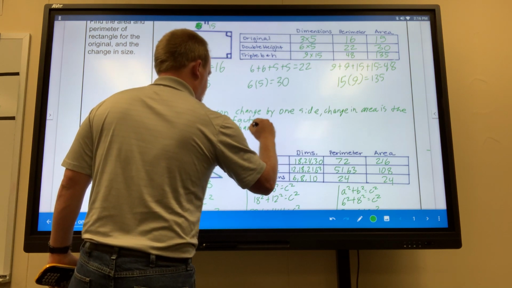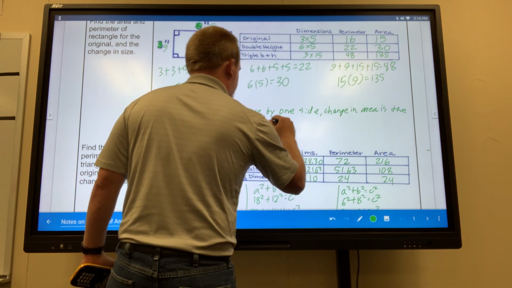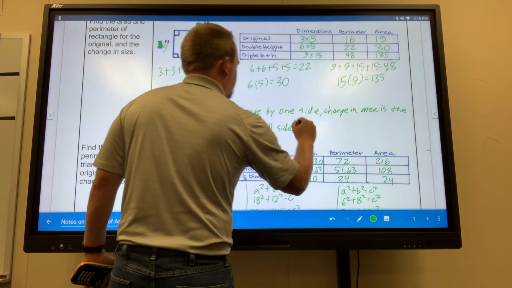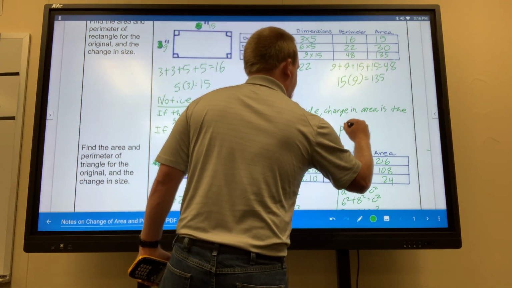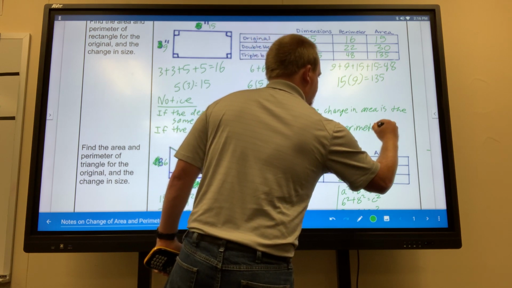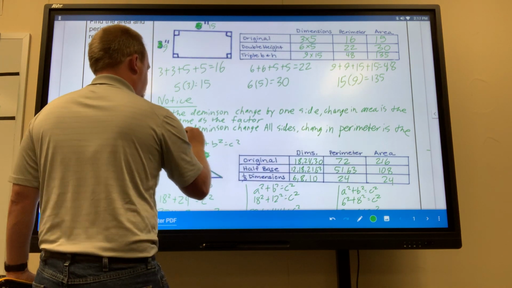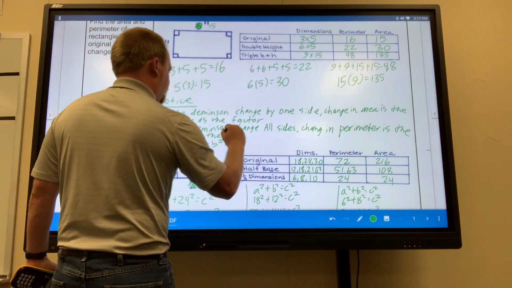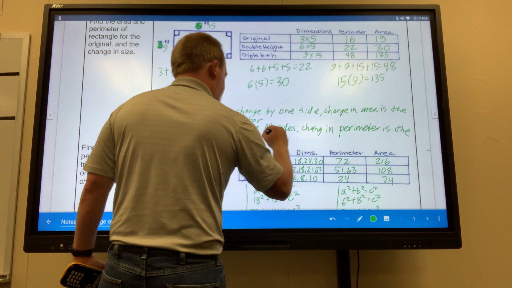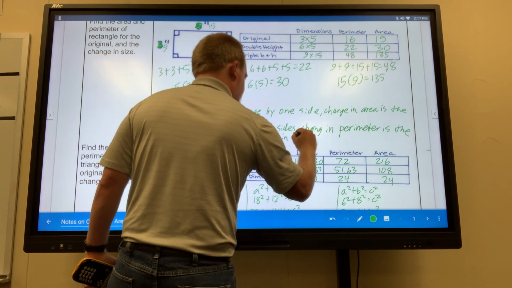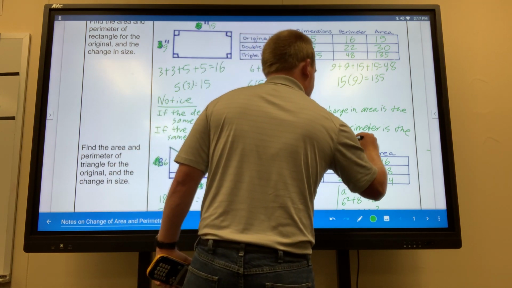So if the dimensions change on both sides, or all sides, let's put it this way, then the change in perimeter is the same as the factor, and the change in area is the factor squared.